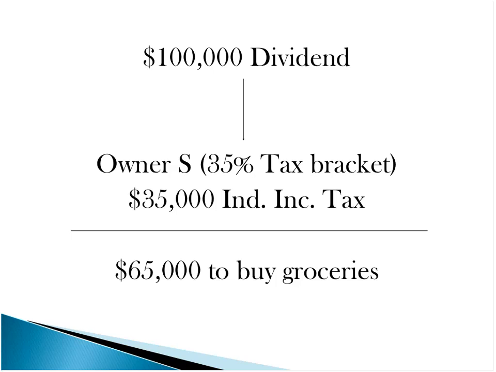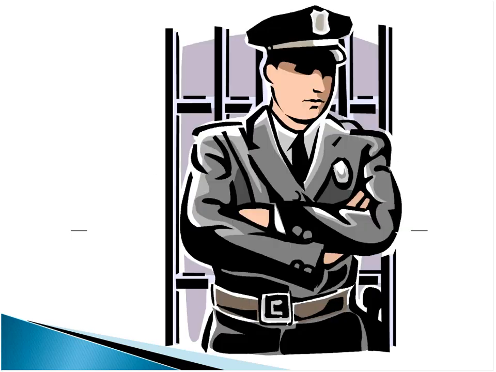But if you're working in the business, the IRS requires the owner to pay himself a reasonable salary. So that's why the next slide is the police officer sending you to jail. Now, it's a bit of an overstatement. Actually, you'd likely get audited and likely have to pay penalties.